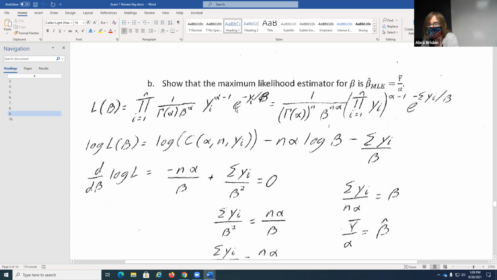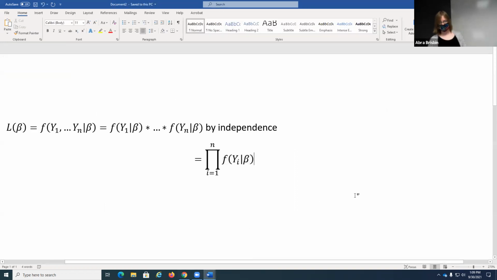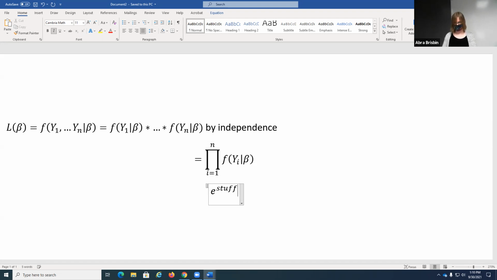Anytime we have a constant being raised to a power that involves the y sub i's, we can say, well, if we're multiplying e to the stuff times e to some other stuff, then we're going to end up with e to the stuff plus other stuff.